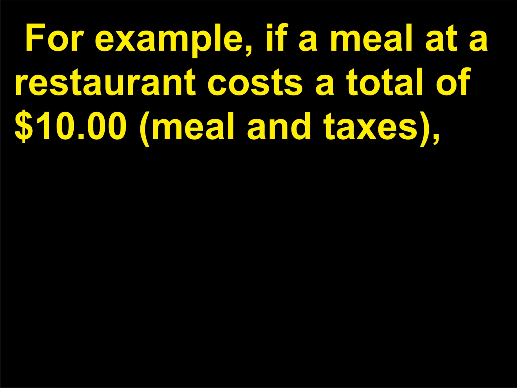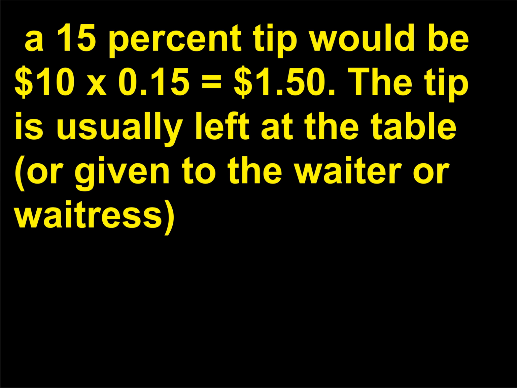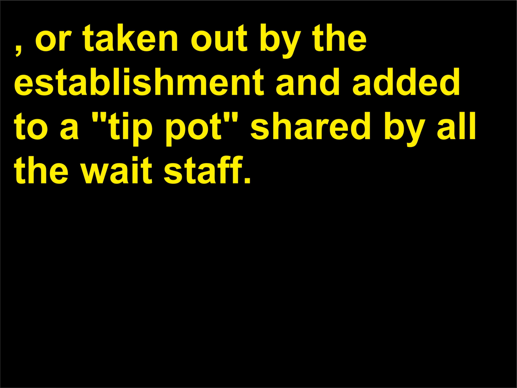For example, if a meal at a restaurant costs a total of $10, meal and taxes, a 15% tip would be $10 x 0.15 equals $1.50. The tip is usually left at the table, or given to the waiter or waitress, or taken out by the establishment and added to a tip pot shared by all the wait staff.